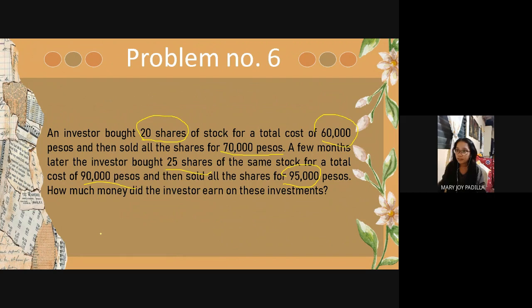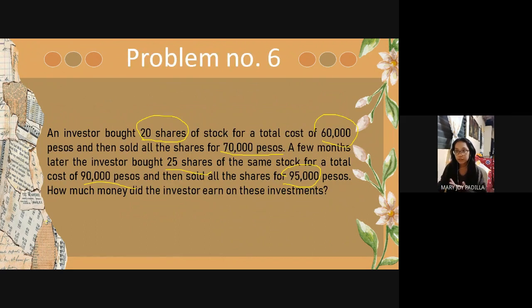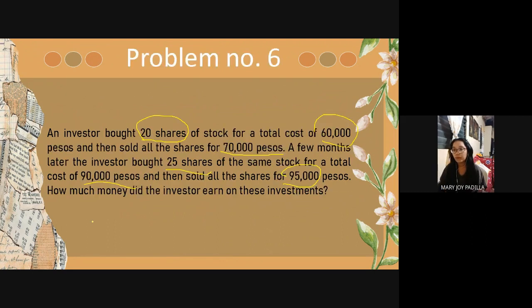So, kaya nga sinabi ko kanina, Polya has a four-step strategy to get the answer. So, number one is understand the problem. So, ano ba yung na-understand natin dito sa problem na 'to? The investor buys the stock and resells at a higher price, and then we find the amount earned by the investor in the two transactions.